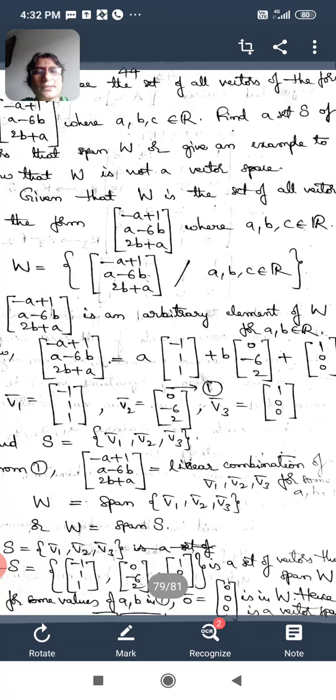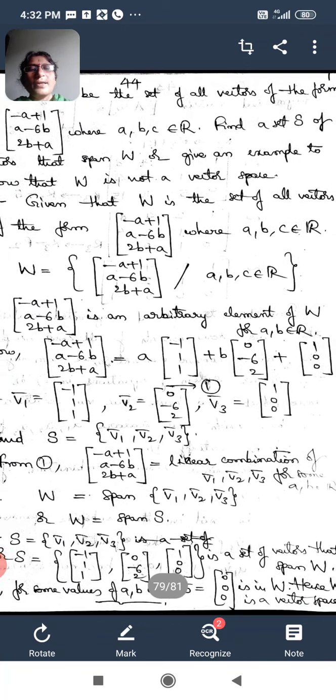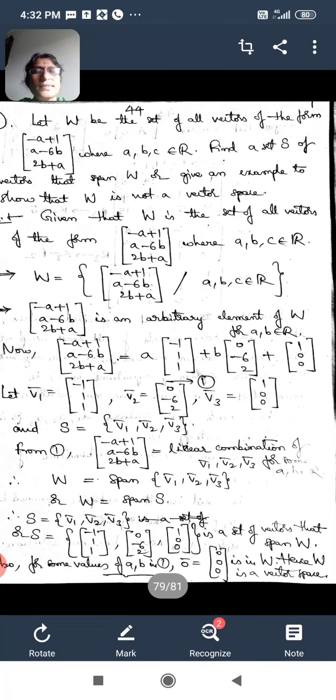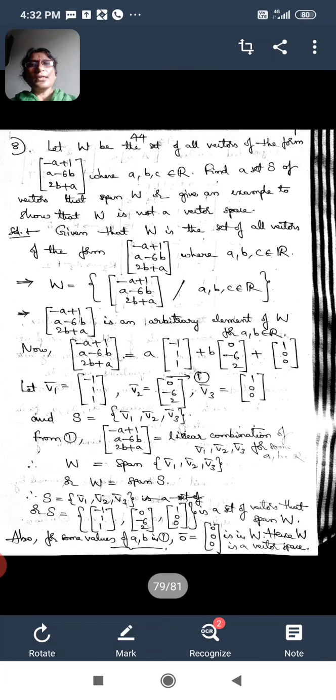We can now say that 0 bar will be in w, and hence w is spanned by the vectors v1, v2, v3, and also there is the zero vector in it, and that is how w is a vector space.